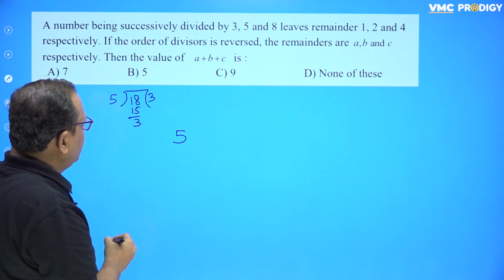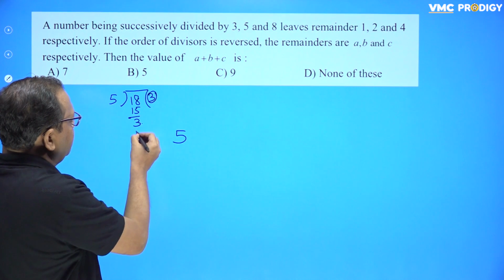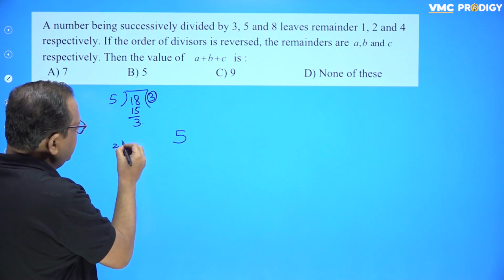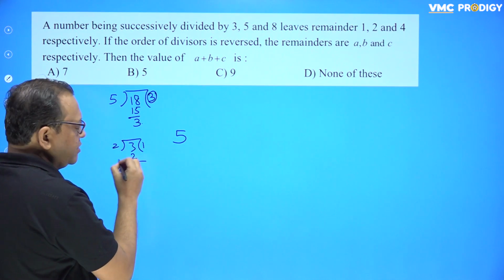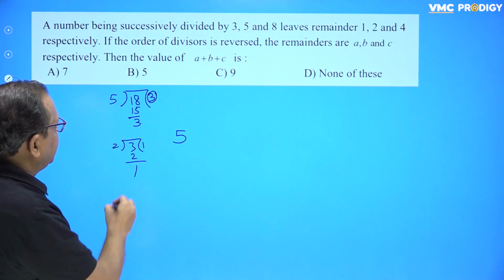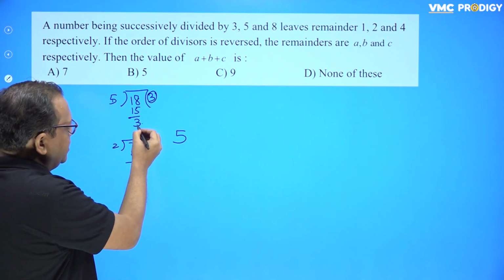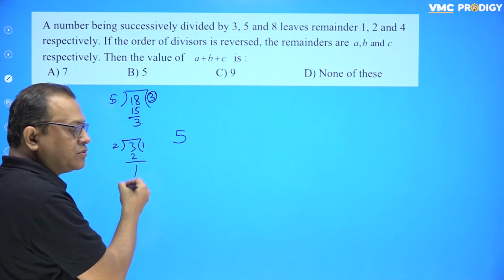Now if I again divide this 3 by 2, what is the remainder? The remainder is 1. So can I say that a number when divided successively by 5 and 2 leaves remainders of 3 and 1? Okay, so this is what the question is.